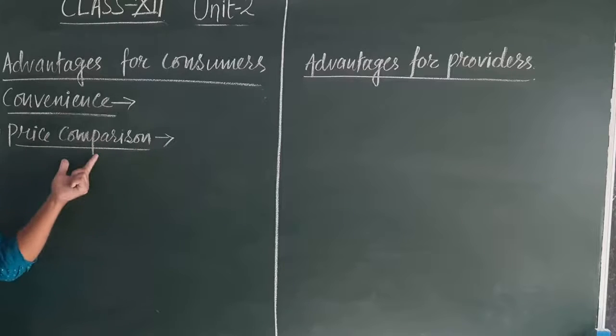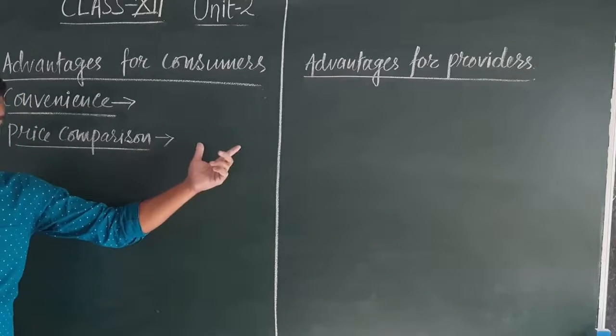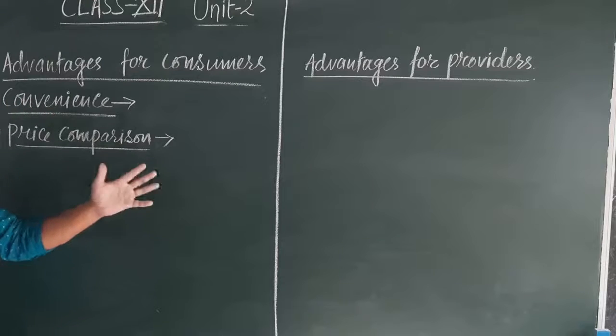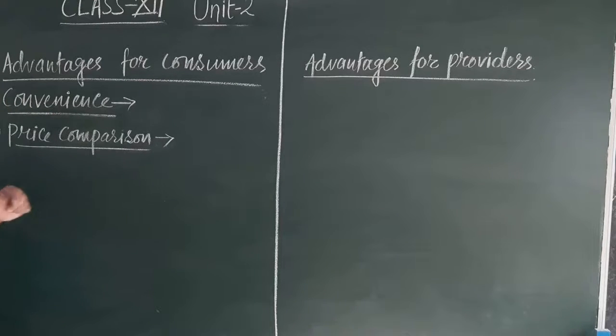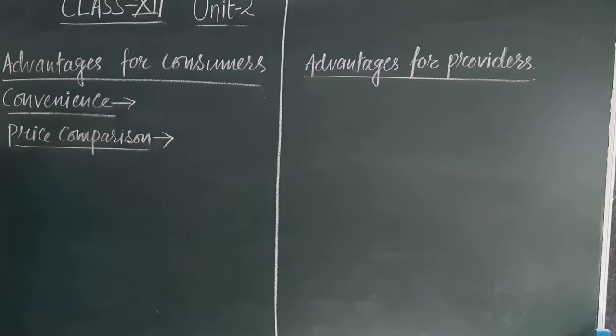To avail the same thing, suppose you want to book a railway ticket, then there is the IRCTC app, and then there are many other apps, like confirmticket.com. So after searching on two or three websites, two or three applications, he can choose the best suited as per his requirement, the best one which suits his requirement, and after comparing the price he can select the best price. He can select that particular application which provides the best price, meaning the cheapest and easiest mode. Okay, so price comparison is possible by means of online reservation system. This is the second benefit for the consumer.